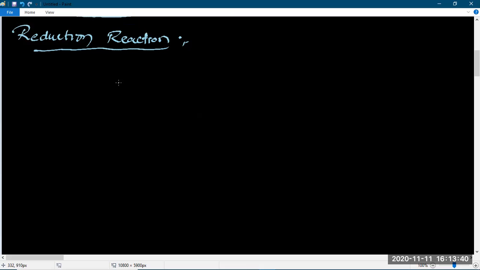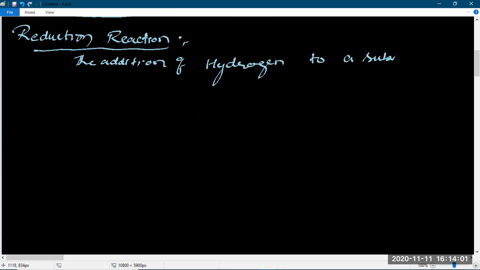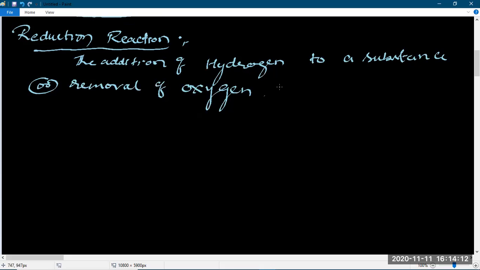Reduction means the addition of hydrogen to a substance, or removal of oxygen from a substance in a chemical reaction.